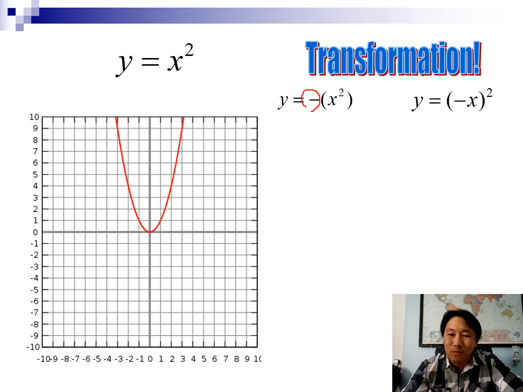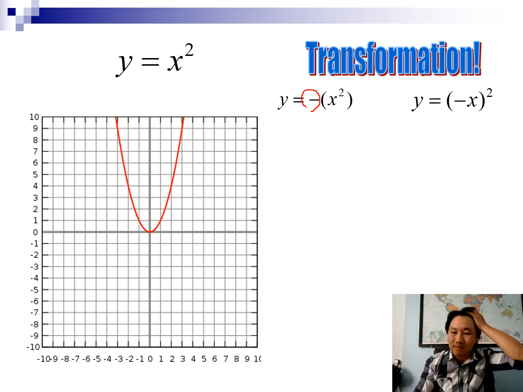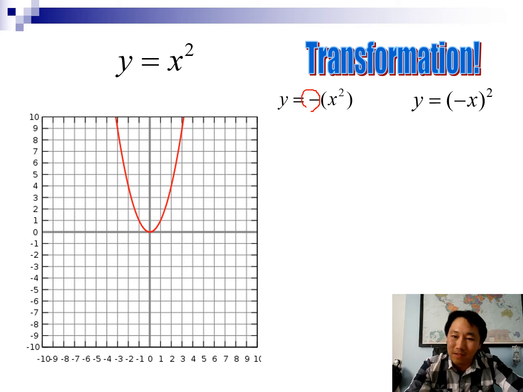What happens if we put the negative inside the parentheses so that it goes before the square? The guess would be it's also reflected, but this time it's reflected across the y-axis. So here's the y-axis.